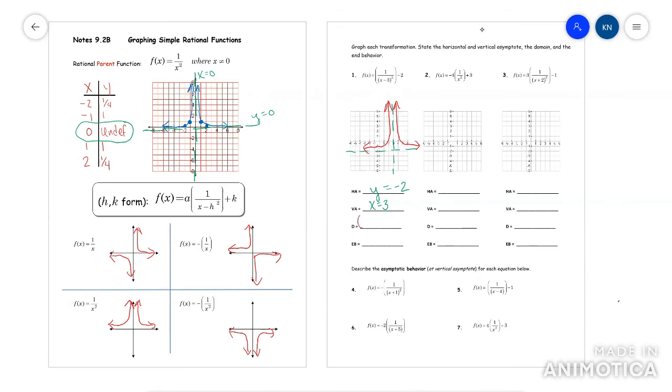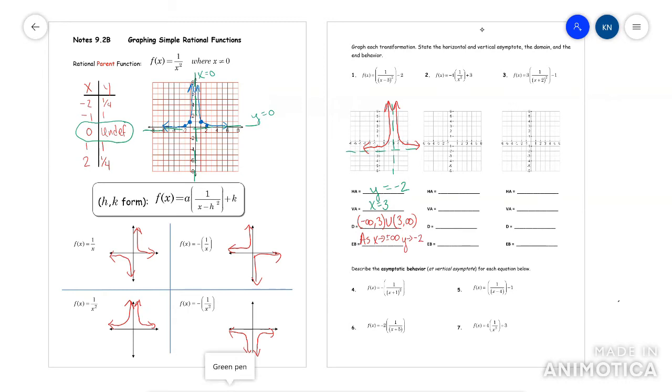That's everything from -infinity to your VA of 3. The other is this section of line. That would be everything from your VA at 3 to +infinity. And your end behavior is what your arrows are leveling out at. If you go left or right, so as x goes to plus or minus infinity, those arrows are leveling off at the HA of -2. And so that's how I would have done that problem.